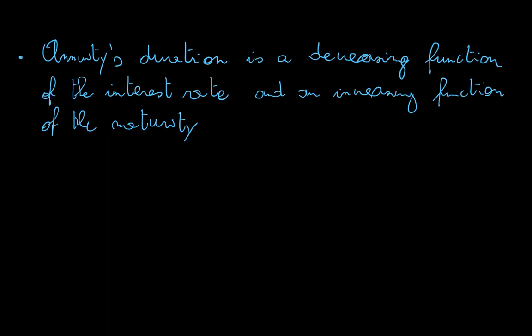Therefore we can see that the annuity's duration is a decreasing function of the interest rate. The higher the interest rate, the lower the duration, and it is obvious because the financial instrument takes less time to repay what we have paid for it. It is an increasing function of the maturity.